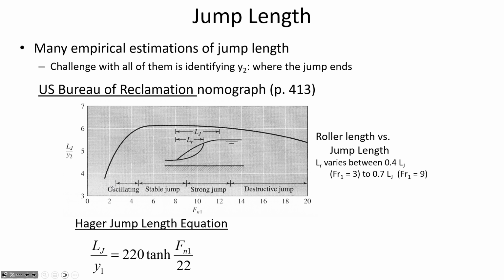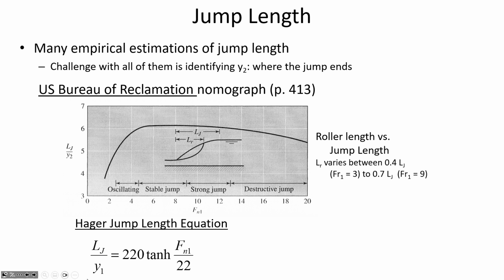Another is called the Hager equation, which is just on the basis of observation and curve fitting. They took lots of different measurements in a variety of circumstances and predict the jump length on the basis of the Froude number and the upstream depth prior to the hydraulic jump.